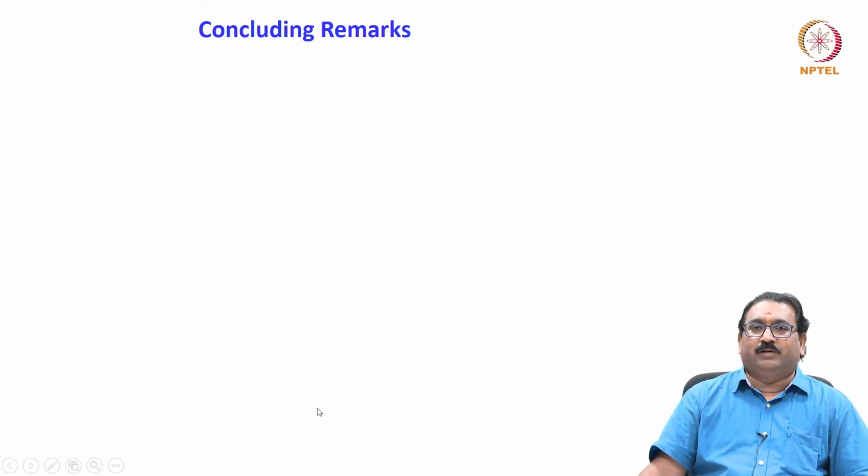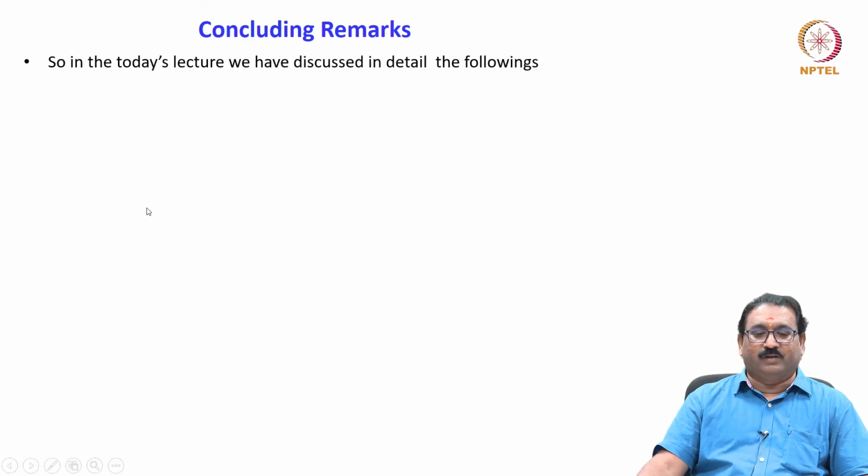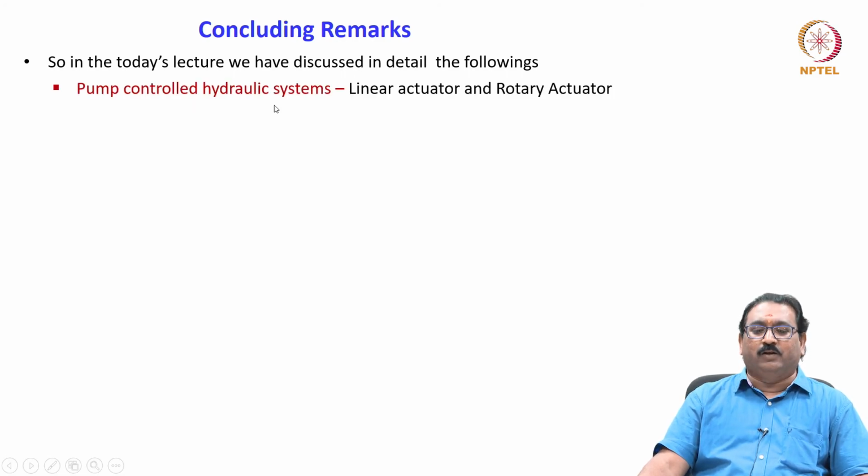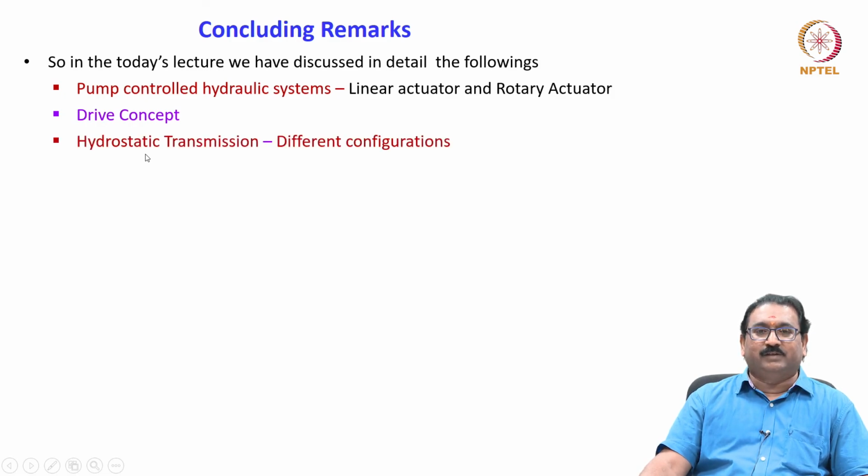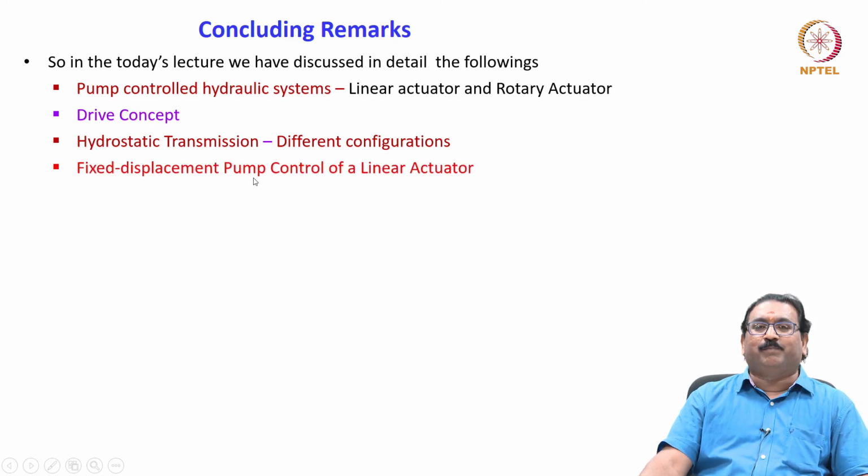Now let us conclude today's lecture. In today's lecture we have discussed in detail the following: pump controlled hydraulic system. Here we have seen the linear actuator as well as rotary actuator, different drive concepts, hydrostatic transmissions and different configurations, and the fixed displacement pump controlled linear actuator.